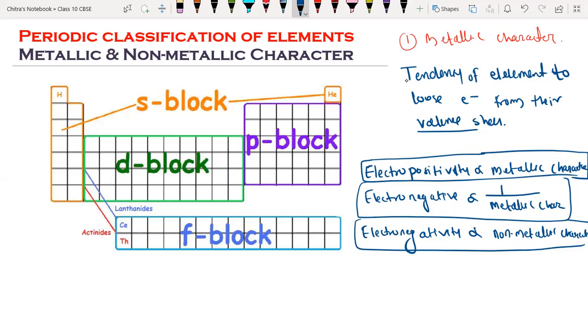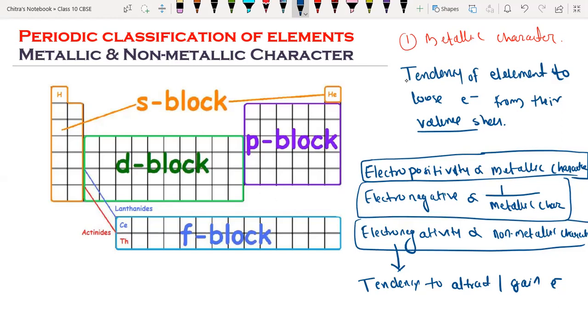Electronegativity is nothing but the tendency to attract or gain electrons. Any atom that will attract or gain electrons forms a negative charge, hence they are called electronegative elements.